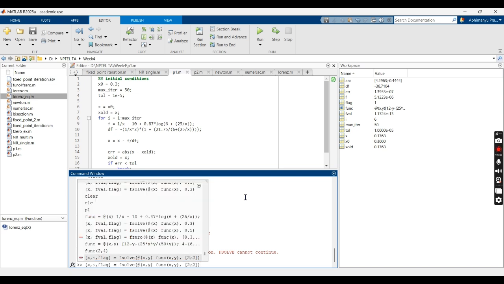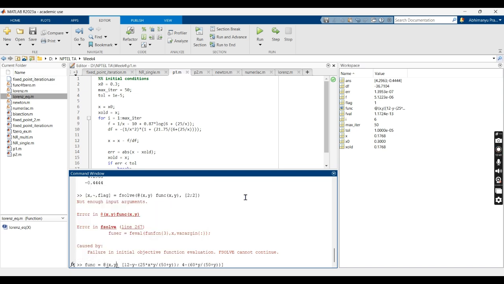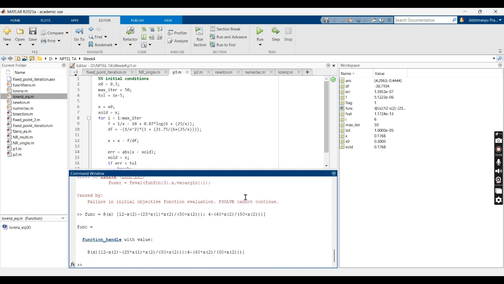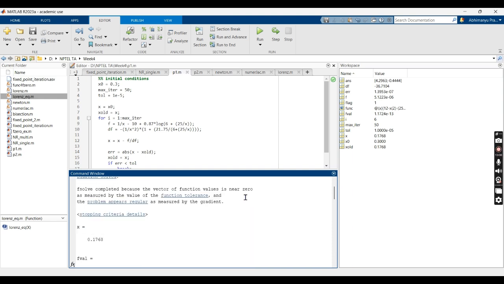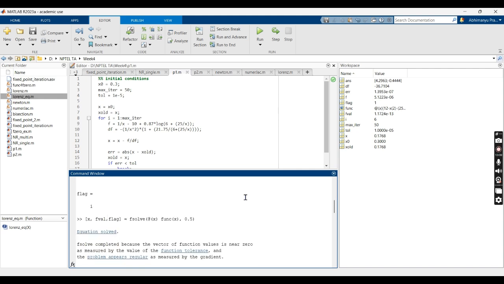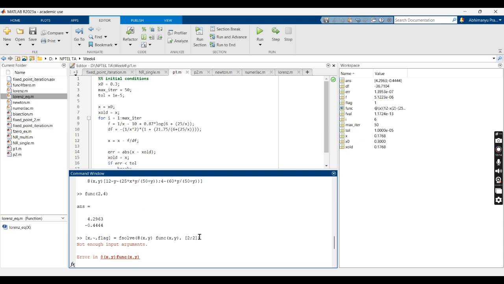Okay, so let us create this. So I solved it using 2 comma 4, right?